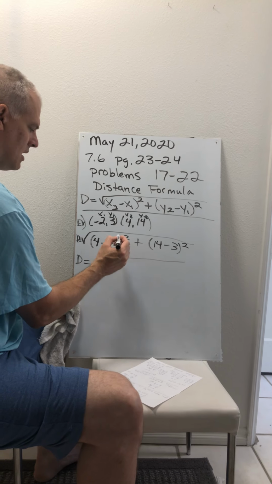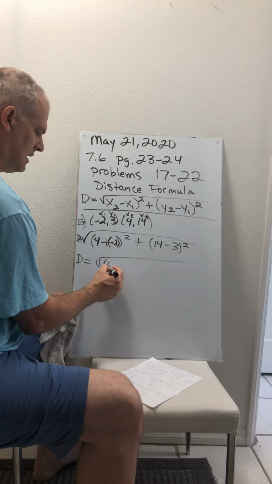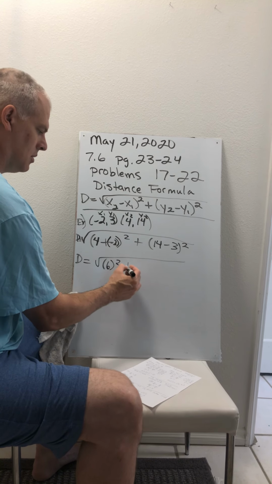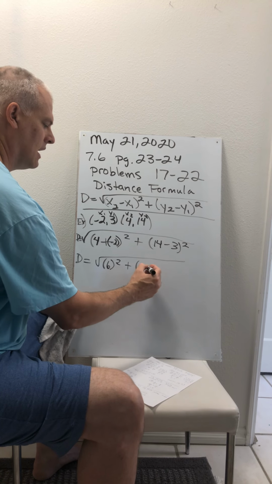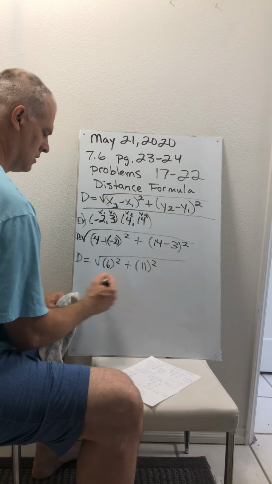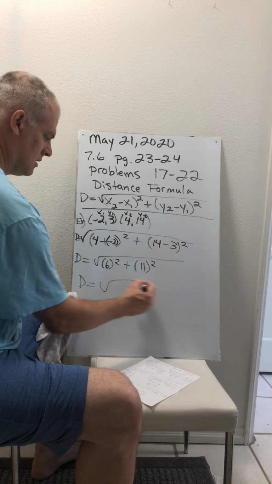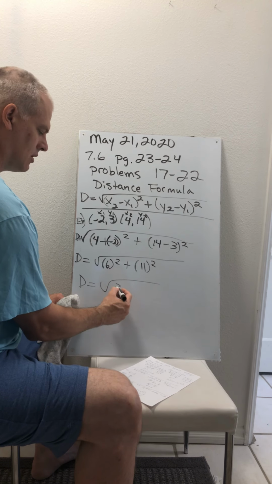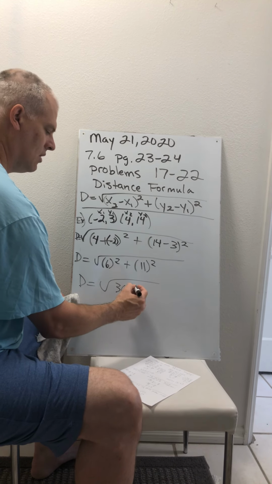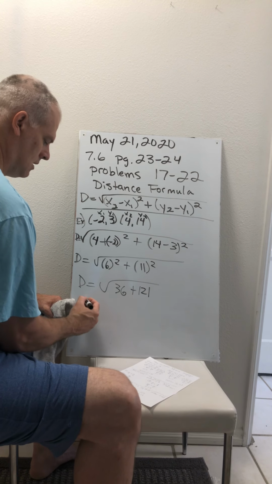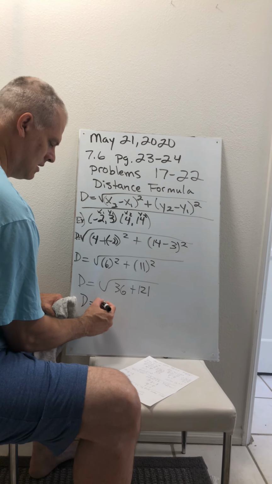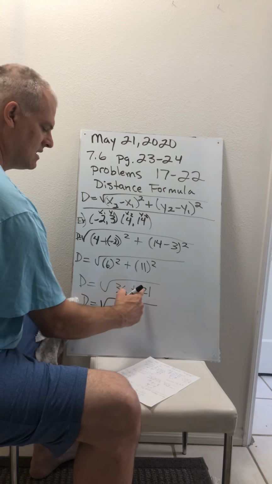It becomes a positive. So I get 6 squared plus, I subtract and I get 11 squared. So d equals, I square 6, which is 36. I square 11, which is 121. So d equals, I add these together and I get 157.